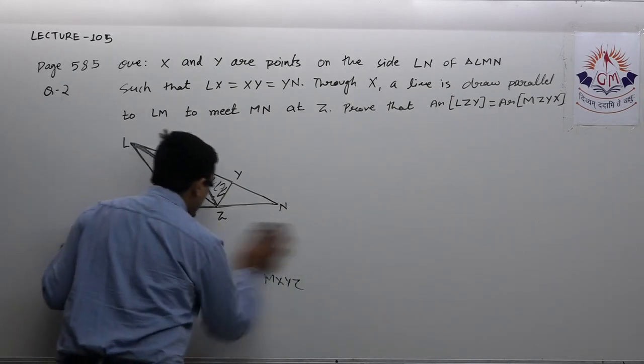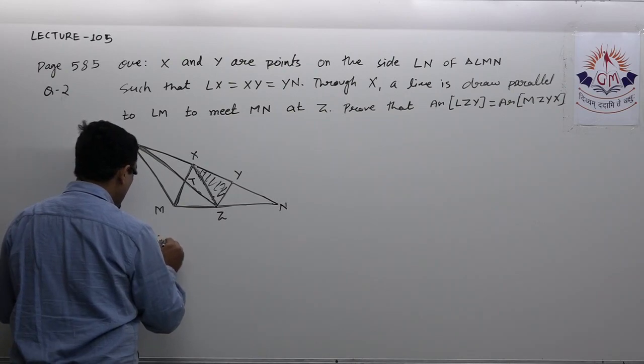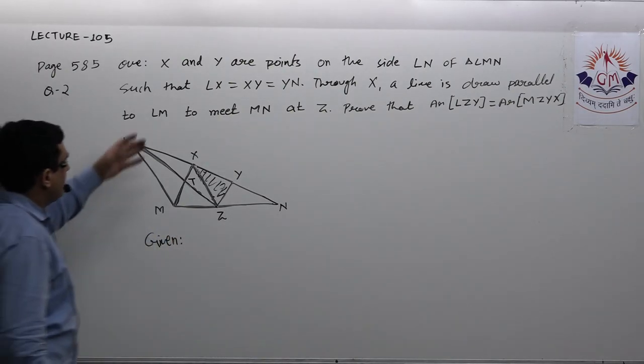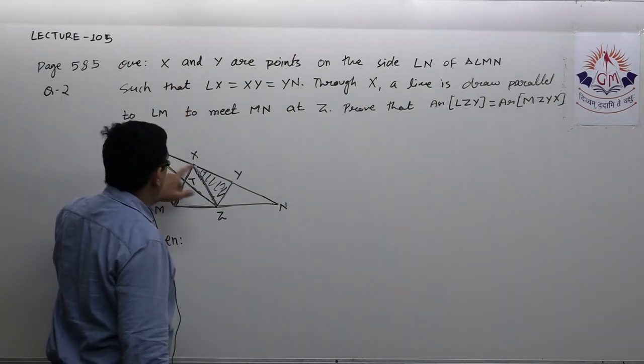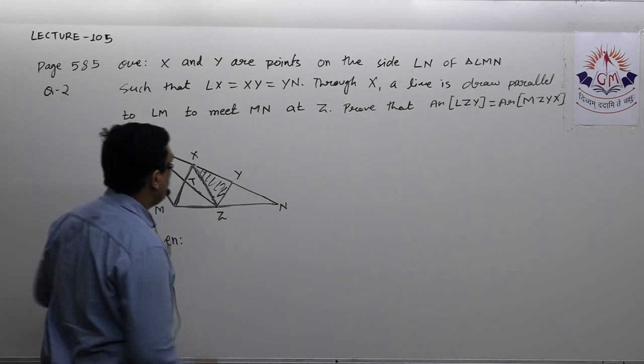And by adding XYZ to this result, I will get the required result. So let us see stepwise its solution. We'll start with what is given. There is some information which is actually not required. Here it is given LX equal to XY equal to YN, which is absolutely not required.